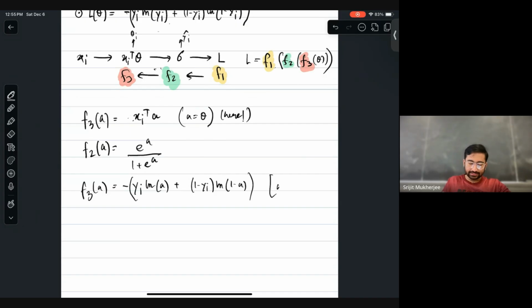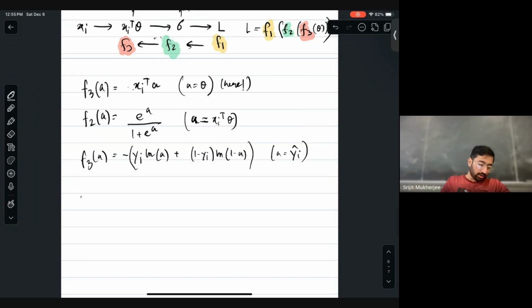In this case, a is equal to yi hat, and in the other case, a is equal to xi theta. So do you see the composition here, guys? Do you understand the levels, the depth?